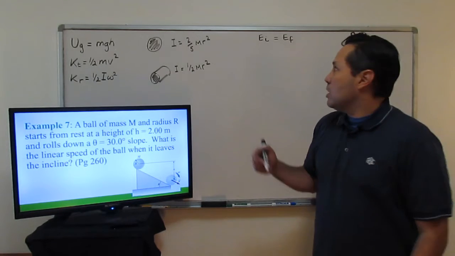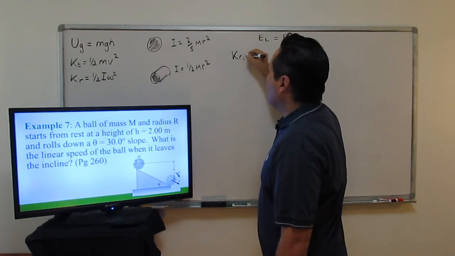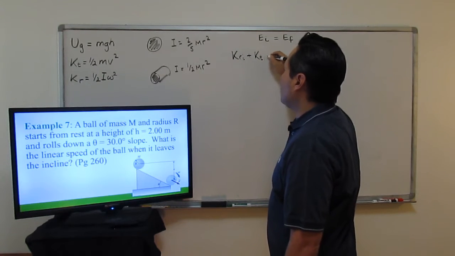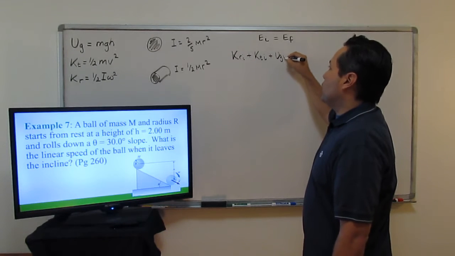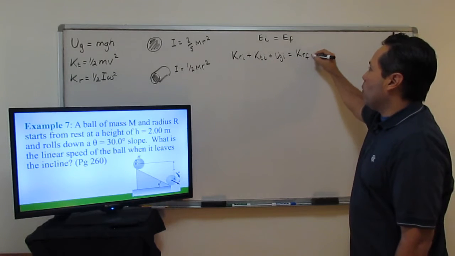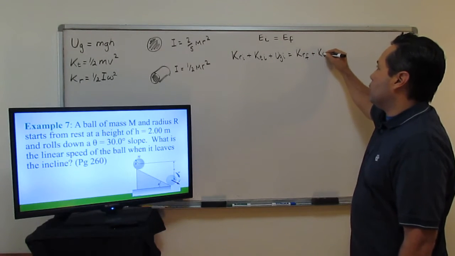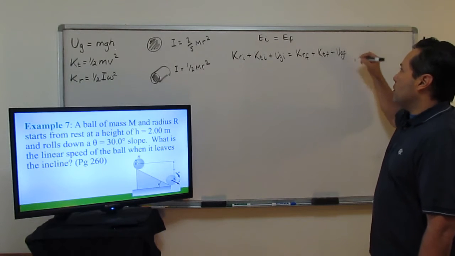So there's two types. Let's go ahead and write all of those down. Kinetic energy rotational initial plus kinetic energy translational initial plus gravitational potential energy initial is equal to rotational kinetic energy final plus translational kinetic energy final plus potential energy due to gravity final.